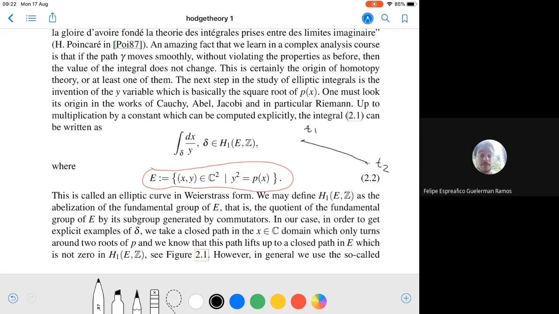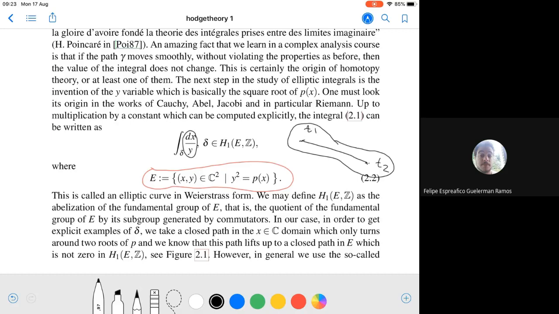So let's avoid them and make some paths which turn around T1, T2. It doesn't hit T1, T2 because at T1, T2 my integrand, dx over y, goes to infinity. And you see that we have already replaced the square root of p(x) by y.